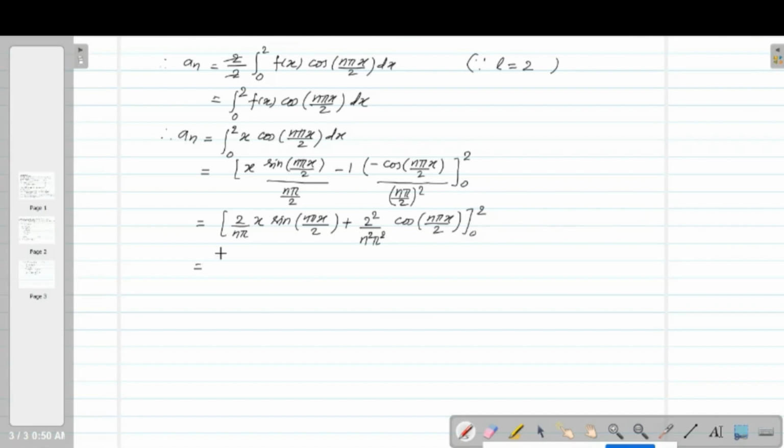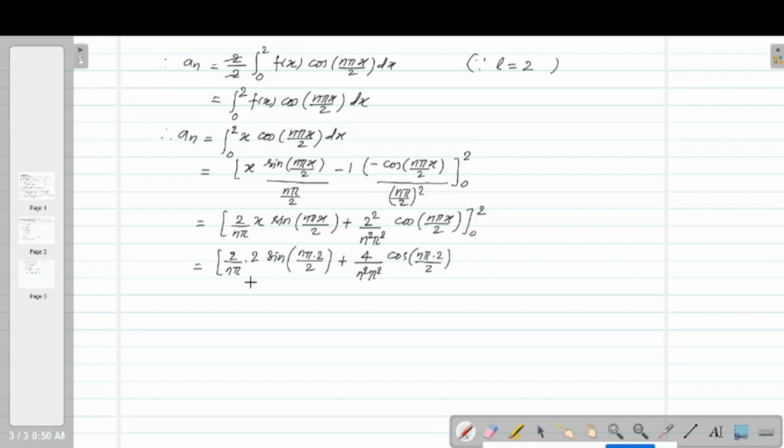For the upper limit, just substitute 2: instead of x we put here 2, so 2 by n pi into 2 sine n pi into 2 by 2, plus 2 to the 4 by n square pi square cos n pi, since x is 2 by 2.